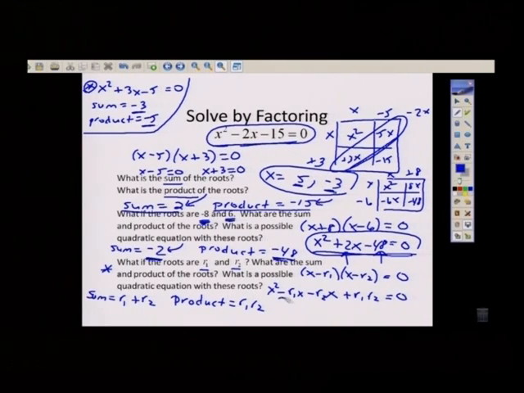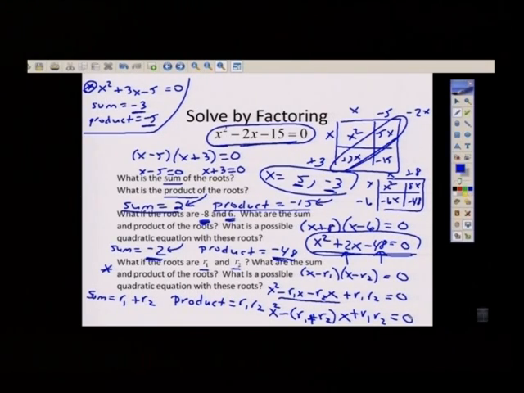And if I do a little bit of factoring on that term, I end up with x squared. I'm going to factor out the minus sign. That would be r sub 1 plus r sub 2, and I also factored out the x. So I factored out the x and the minus sign. Plus r sub 1 r sub 2.